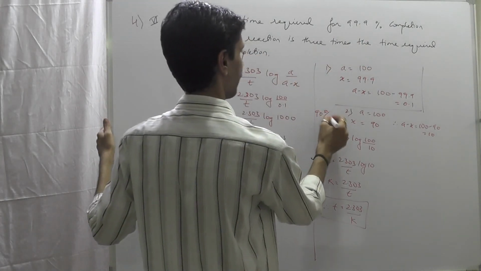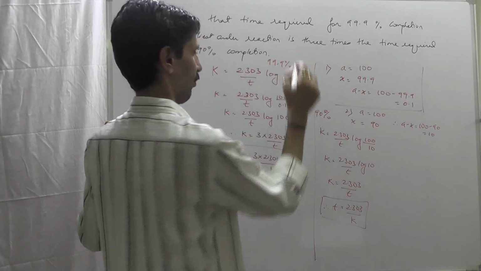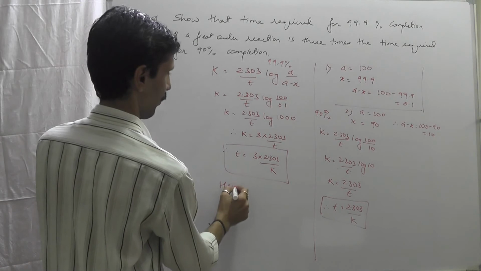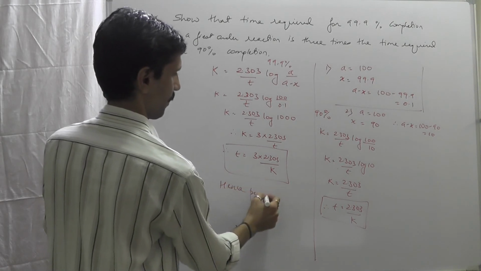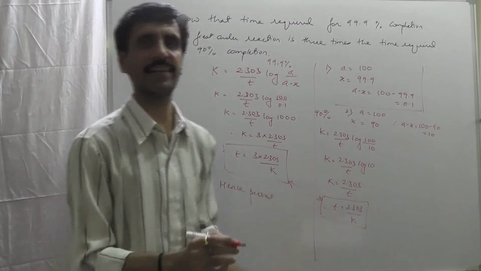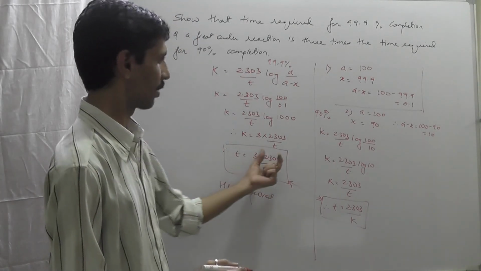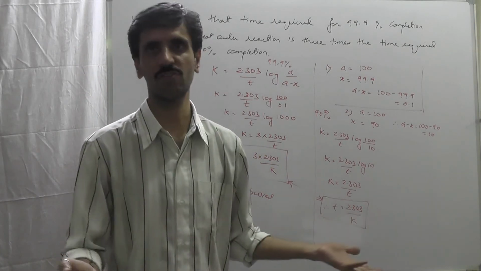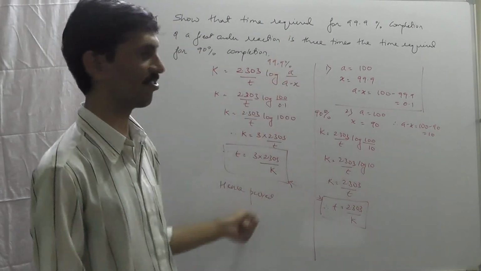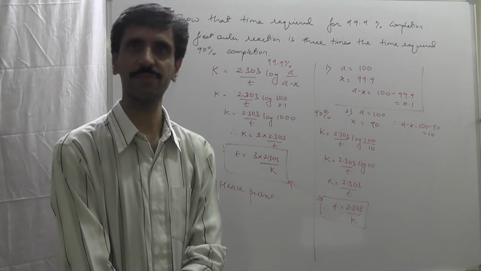This is 90% completion, and this is 99.9% completion, and hence proved. You just compare this and this, and you clearly get the idea. It is 3 times. This is the factor. That is 3. 2.303 upon K is constant. So this statement is proved. समझा सब लोग को? Everybody understood this?